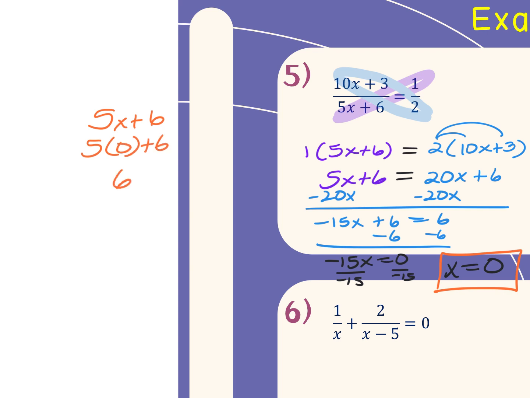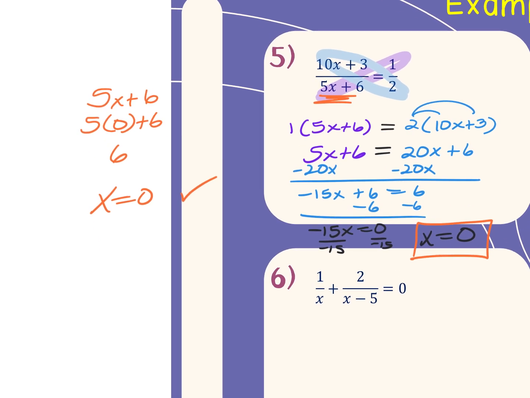So this one's okay. x equals 0 is a good answer. It did not make this denominator equal 0. If I would have just had like 5 over x, then it would have made that denominator a 0, and then I would have thrown out that answer, and my solution would have been no solution. But this one works.